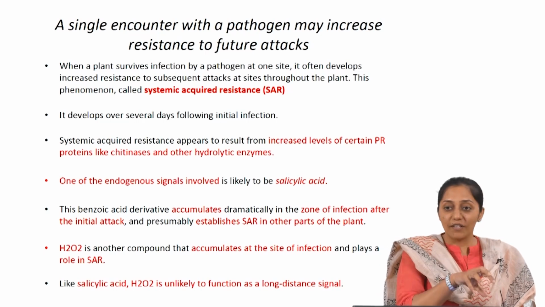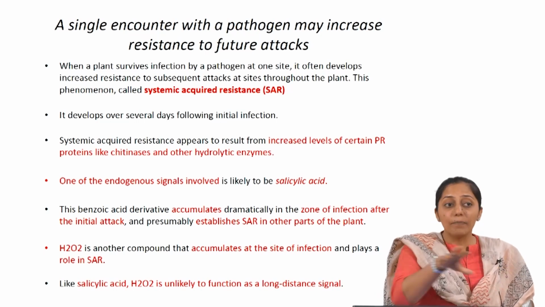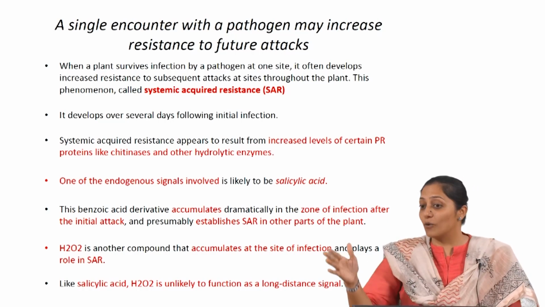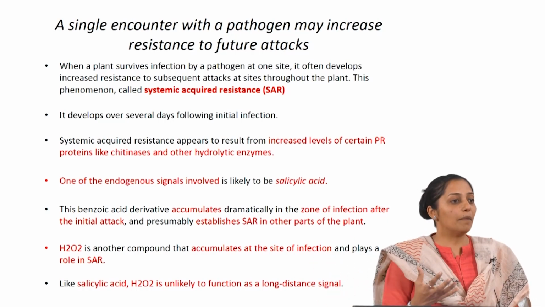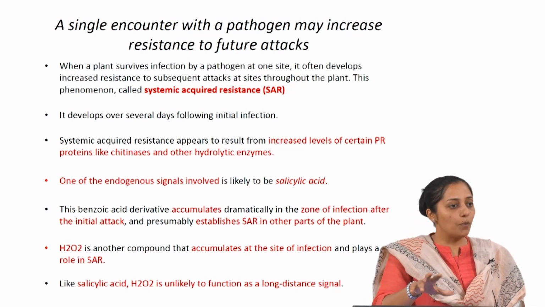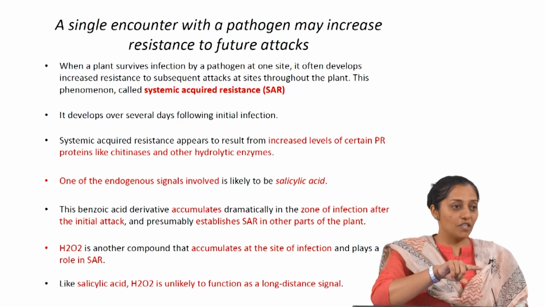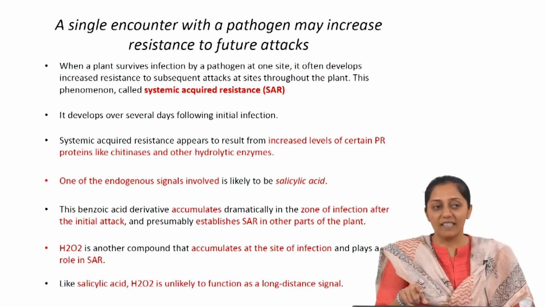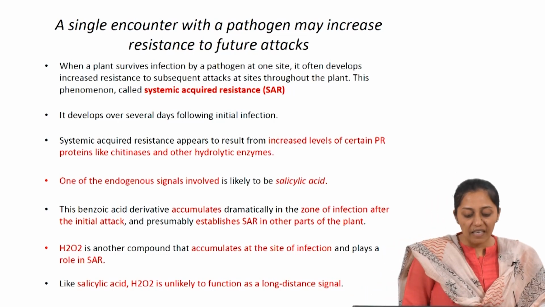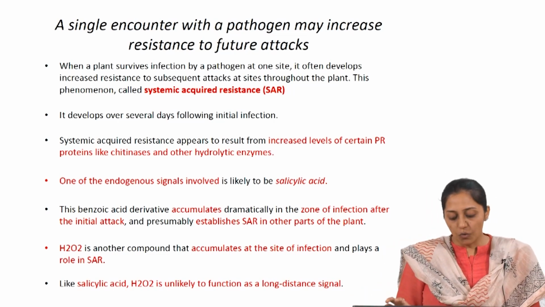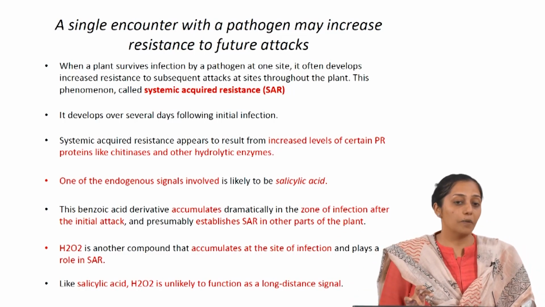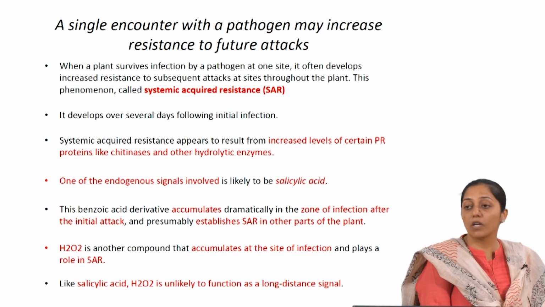So at the point of infection, it is not that only one defense will be playing a role, but there are multiple modes of defense which come together to protect the plant. The same reactive oxygen species or H2O2 generated in the hypersensitive response is then helping in SAR also. Like salicylic acid, H2O2 is unlikely to function as a long-distance signaling molecule. So you need volatile components.